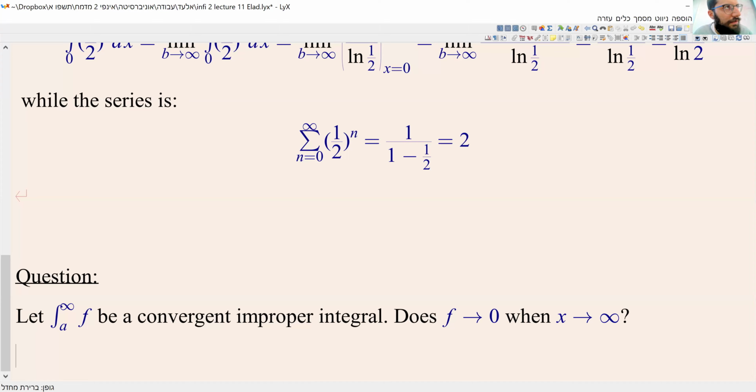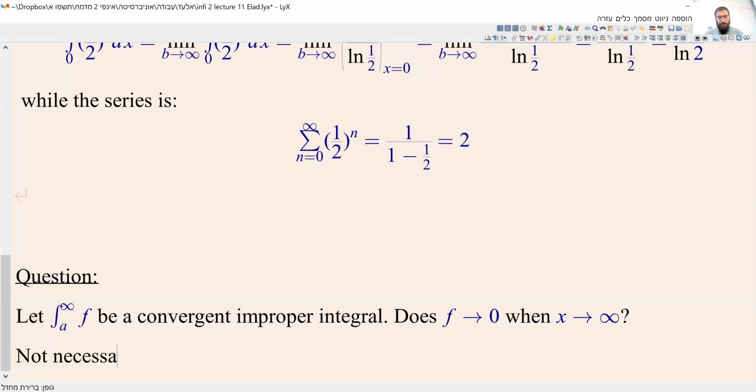And on the other hand, if we look at some weaker outcomes, not f goes to zero, but can we say at least that f is bounded, for example? Okay, but for a first question, let's give the counterexample. Not necessarily, as we've seen before, that's how you write necessarily.